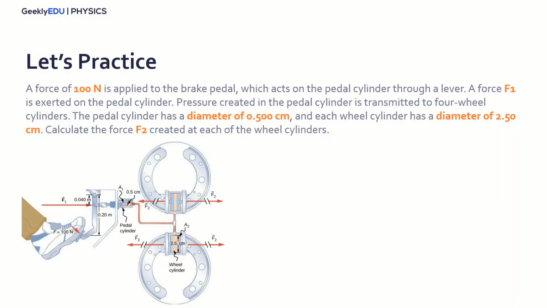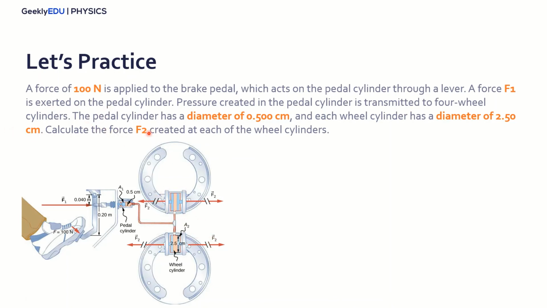Let's go now through a problem. Okay, let's solve this problem here step by step. So we have a force of 100 newtons that is applied to the brake pedal, which acts on the pedal cylinder through a lever, right? A force F1 is exerted on this pedal cylinder right here, this small cylinder, and pressure created in the pedal cylinder is transmitted to four wheel cylinders right here.